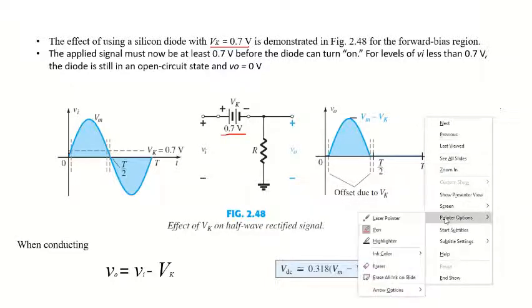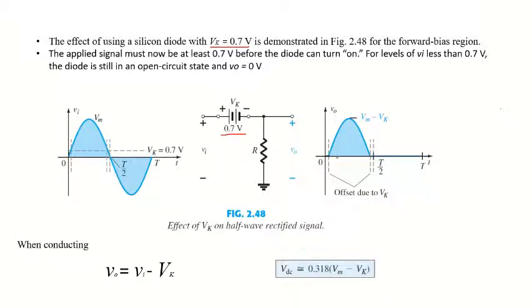This is the point from where the signal will be increasing, the value of the voltage will be increasing. So at 0.8 volts, minus 0.7, the output will be 0.1 somewhere here. So it will increase like this, and the upper lobe's final magnitude is Vm minus Vk, where Vk is the threshold voltage for a diode.